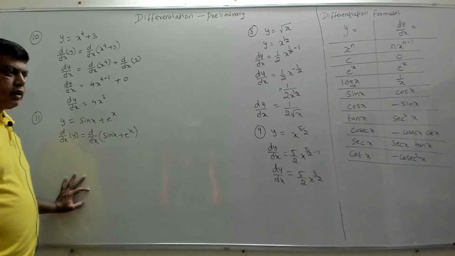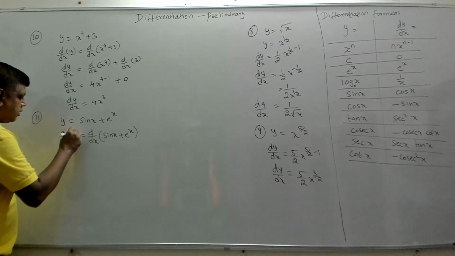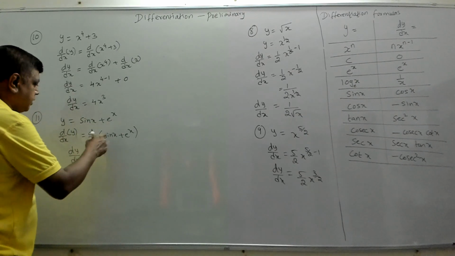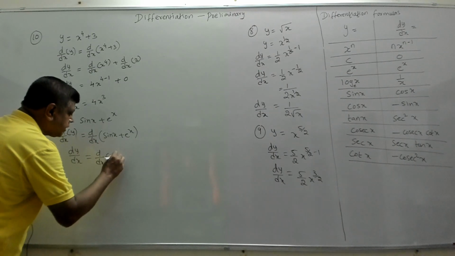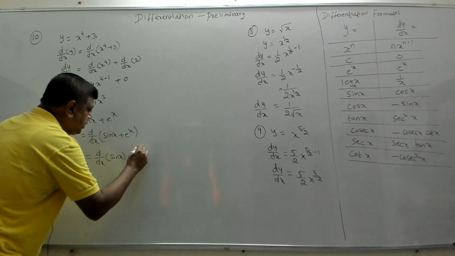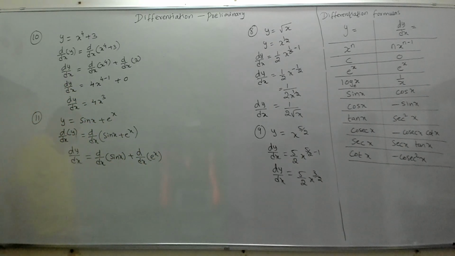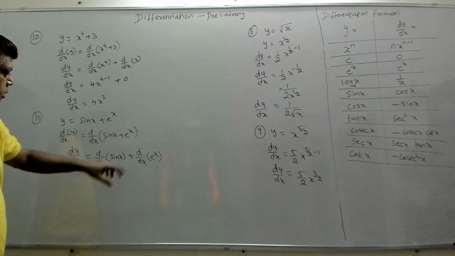So which means this is dy by dx, that is equal to, now differentiation of this, you have to differentiate this. So d by dx of sin x plus d by dx of e power x. Fine. So which means you can differentiate individually. You can differentiate this, then plus you can differentiate e power x.